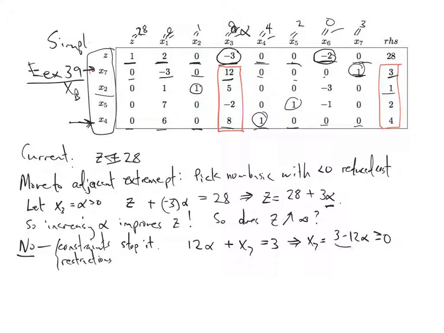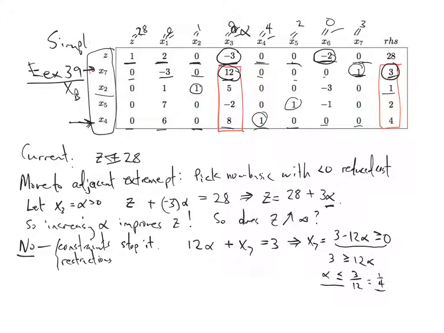So this equation, that 3 minus 12 alpha is bigger than or equal to 0, says 3 is bigger than or equal to 12 alpha. And that says alpha is less than or equal to 3 over 12, which is 1/4. So this is an upper bound on how big alpha can be, and that upper bound is simply this number divided by this number.